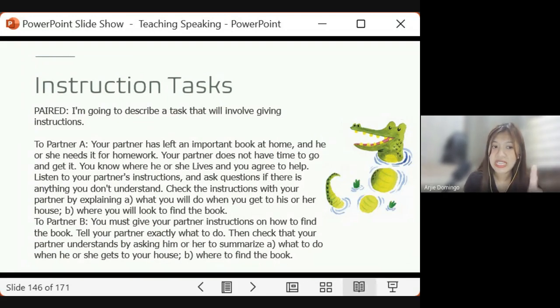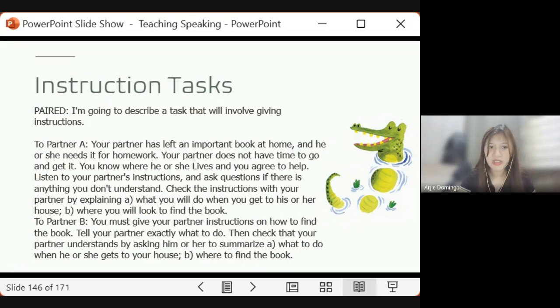You know where he or she lives and you agree to help. Listen to your partner's instructions and ask questions if there's anything you don't understand. Check the instructions with your partner by explaining what you will do when you get to his or her house, where you will look to find the book.